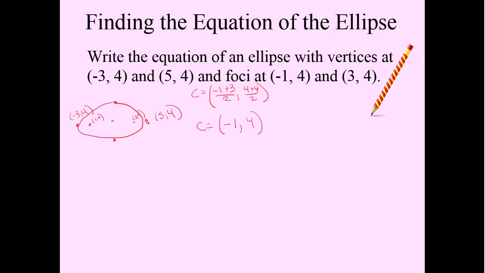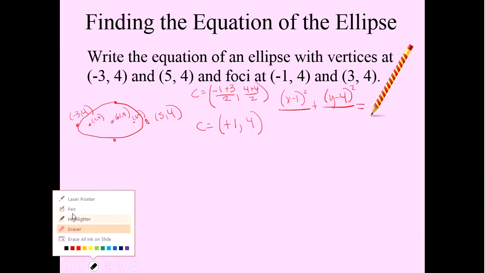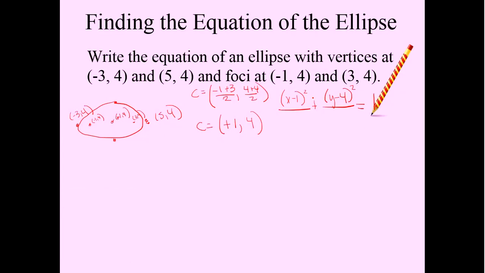Whoopsies, plus 1. Okay, so I now have the beginning of my equation, x minus 1 squared over something plus y minus 4 squared over something equals 1.